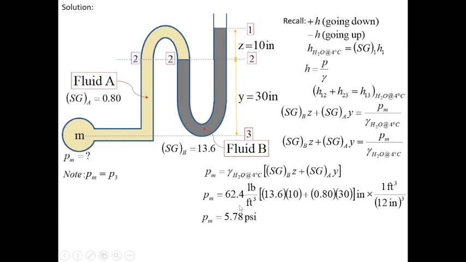I hope you get it. So we can proceed. Or you can indicate G, so instead of 5.78 psi, you can be specific: that is 5.78 psi gauge.